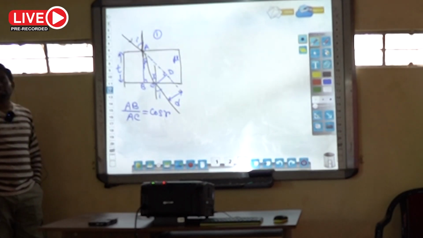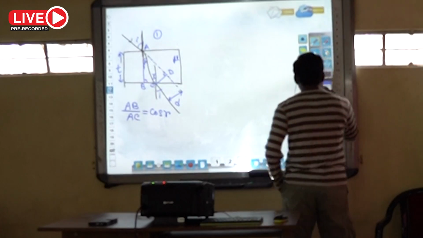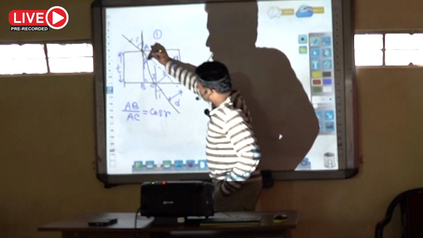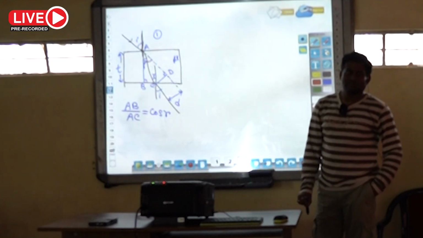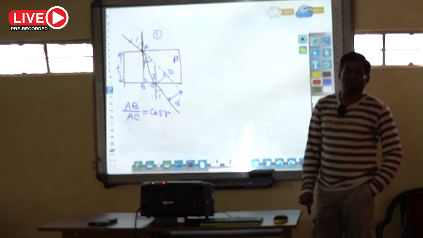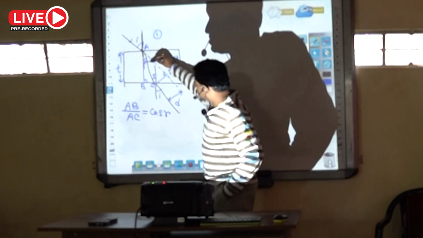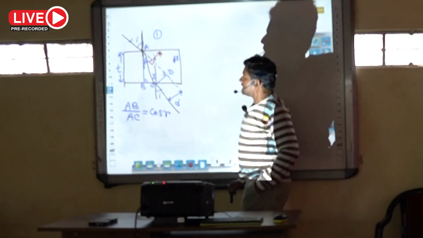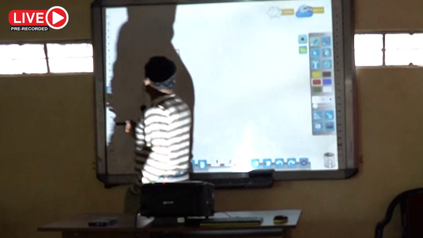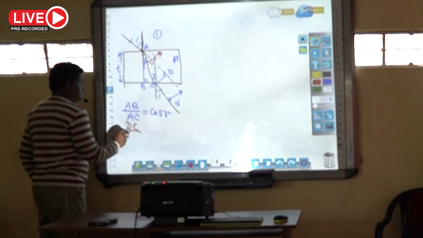Now, come to the other triangle. The other triangle is ABC. That is also a right angle triangle. Now, I will denote the different angles. Can you tell me what is the value of this angle? I minus R. Because this entire angle is I, and this part is R, so the remaining part is I minus R. Now with respect to this I minus R, I want to write the ratio BC divided by AC.